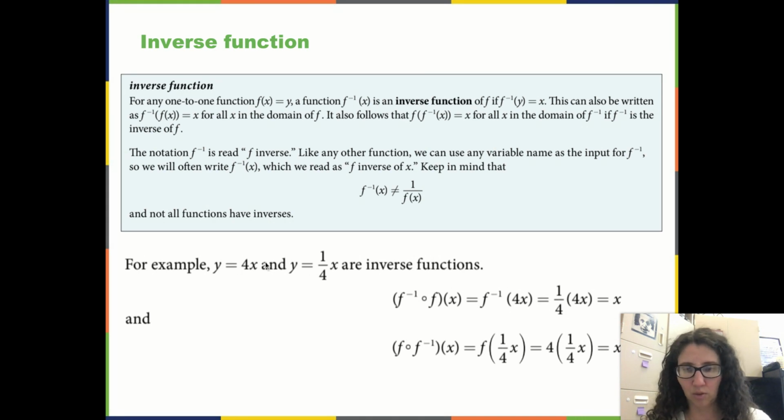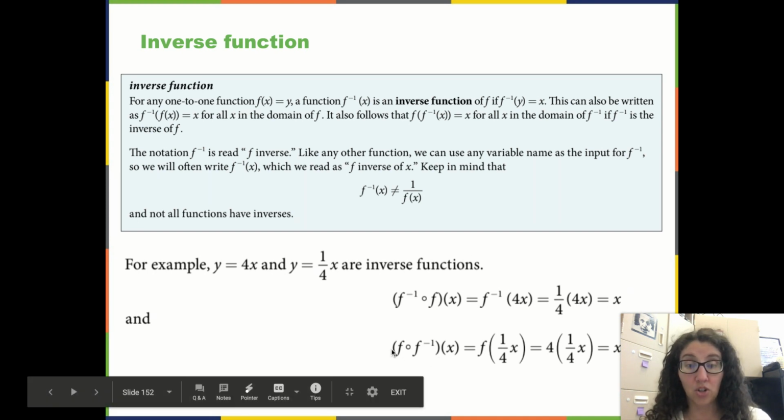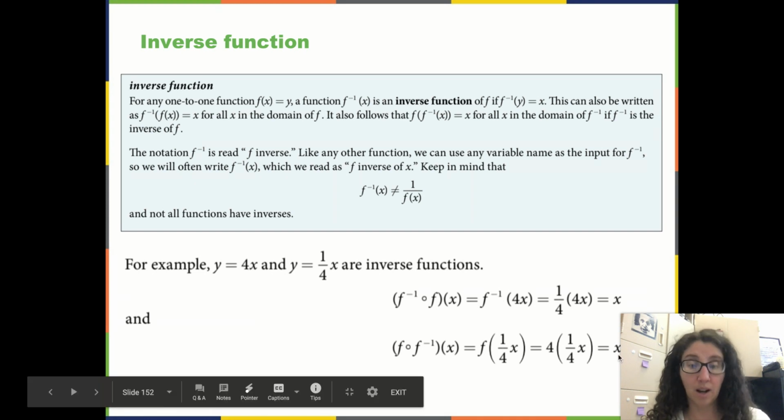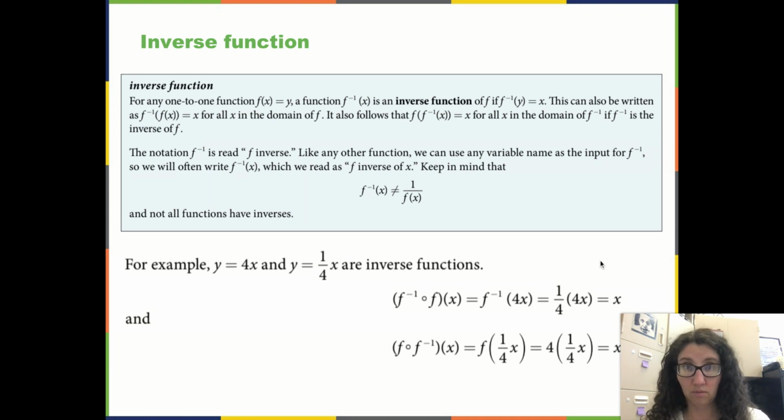It's kind of confusing notation that they used y in both places. But we plug 4x into this function here, and out pops x. Or we could do it the other direction, f composed with f inverse. F of 1/4 of x: we plug 1/4 of x into this equation, we get 4 times 1/4 x, and out pops x. So, yep, these are inverses. Okay?